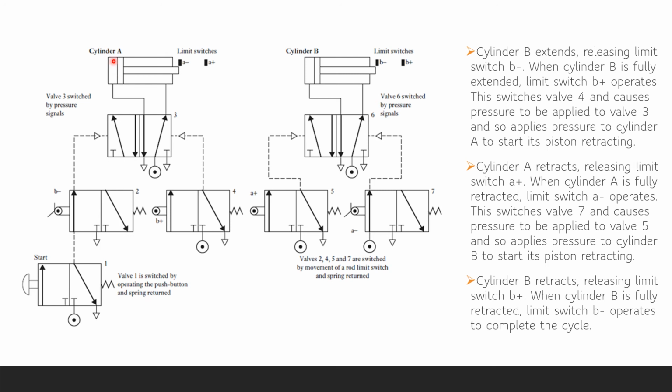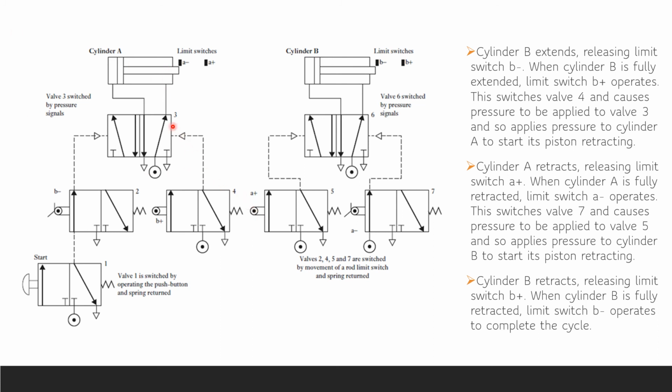This pushes the piston of cylinder A from the bottom dead center or the leftmost position to the rightmost position or the top dead center. This means that the cylinder A is retracted to the original position or the top dead center position.